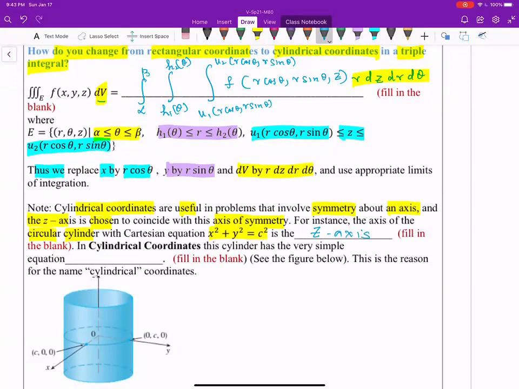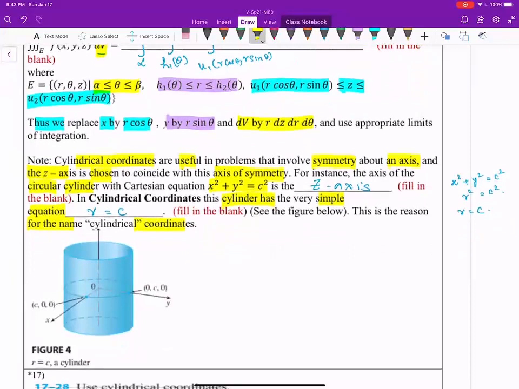In cylindrical coordinates, this cylinder has a very simple equation, r equal to c, because x squared plus y squared equal to c squared means r squared equal to c squared. This is the reason for the name cylindrical coordinates.